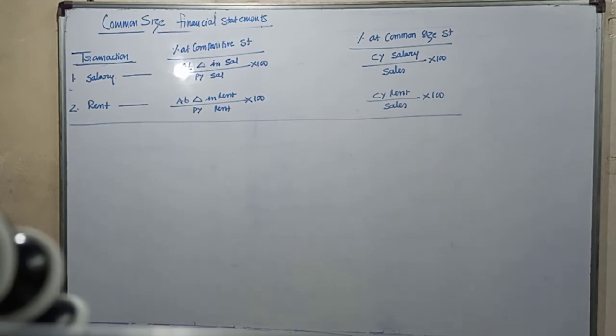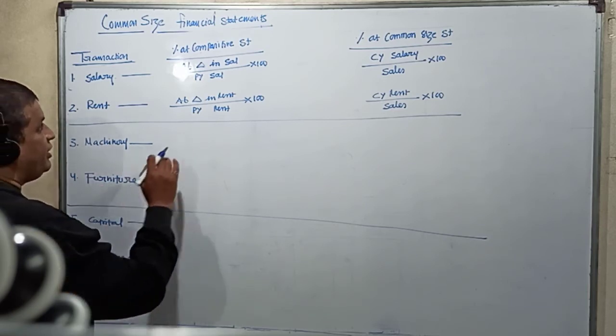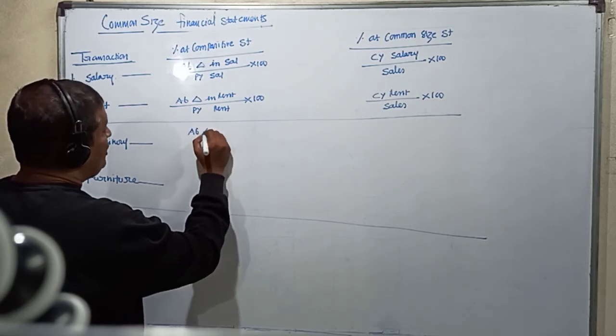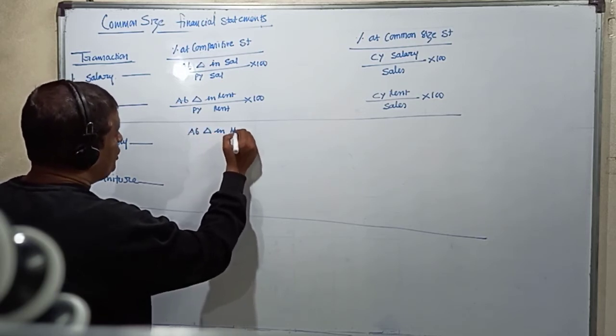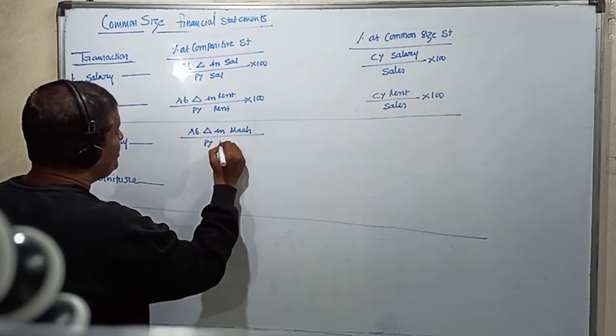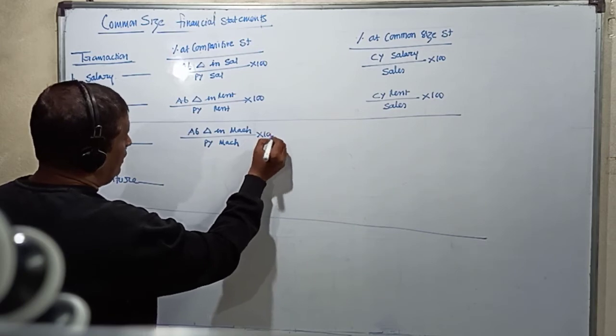So having understood the profit and loss account, now we'll go to the balance sheet asset side. Suppose machinery is there. How do we calculate percentage in the comparative statement? Same. Absolute change in machinery divided by previous year machinery amount into 100.